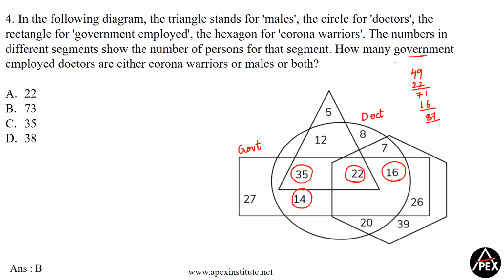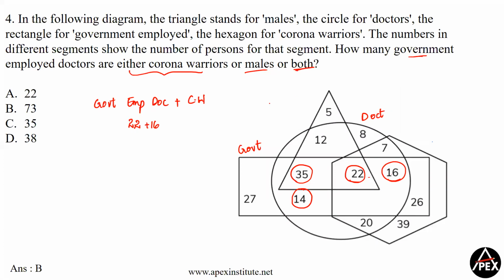Now, how many government employed doctors are either corona warriors or males or both? How many of them are government employed doctors and corona warriors? 16 and 22, isn't it? So can we consider corona warriors and males? Yes, so 22 plus 16.